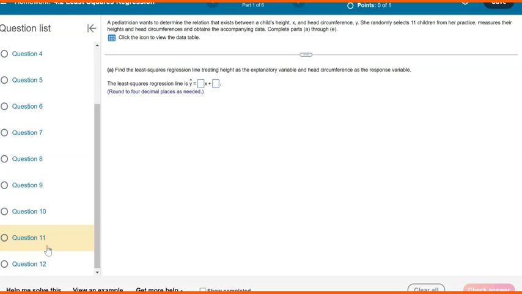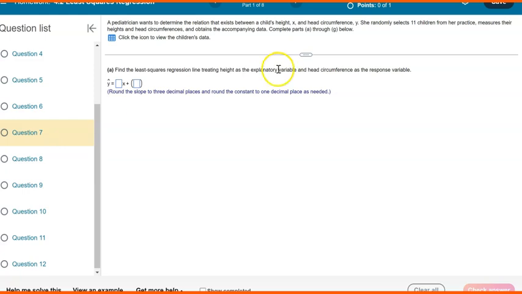Some, not all parts, are different here. If you look at question number 11, you complete parts A through E. For question number 7, complete parts A through Z. There are slightly different parts but a similar data set, and I hope you can finish it yourself.